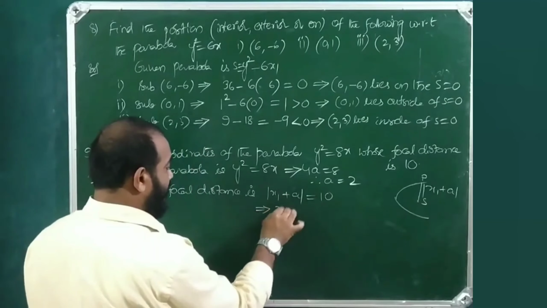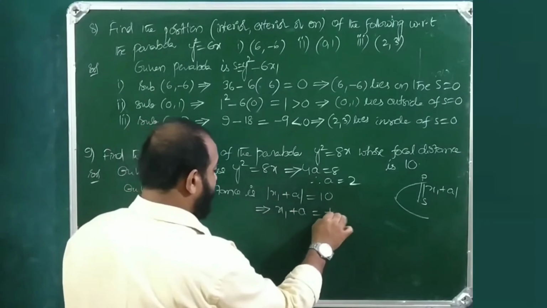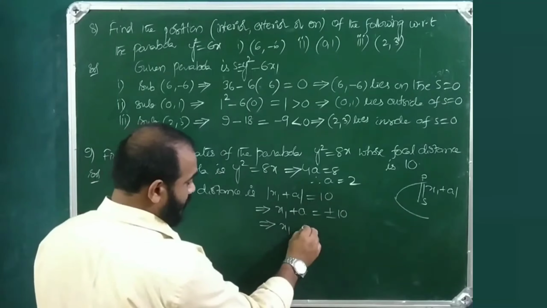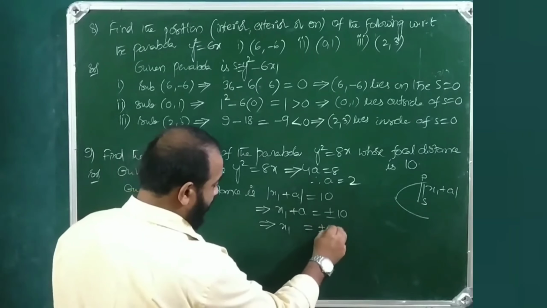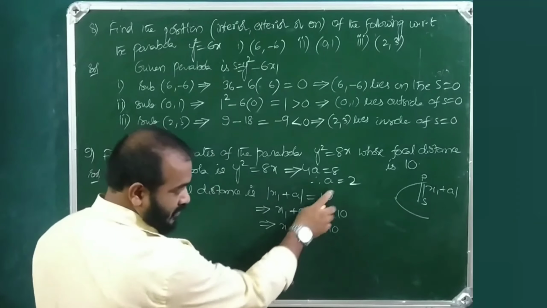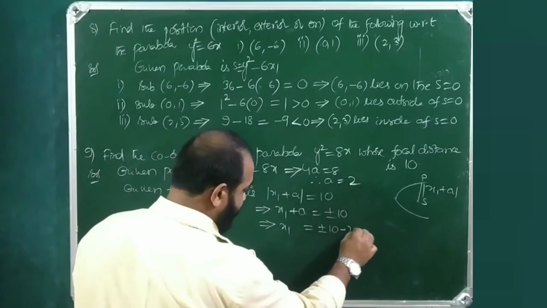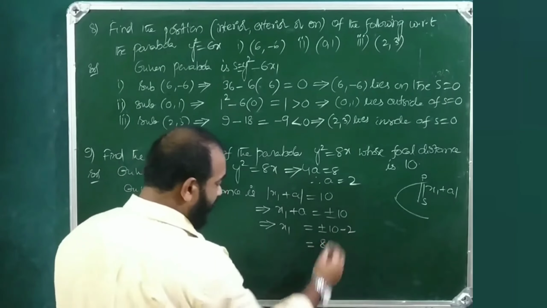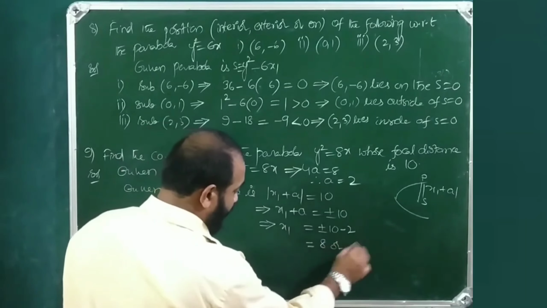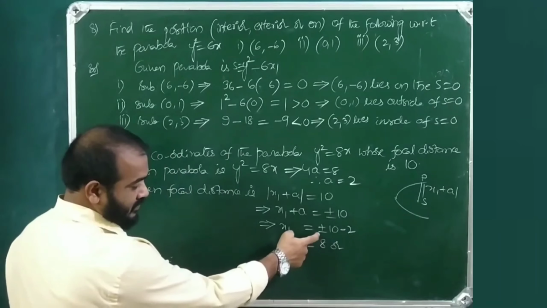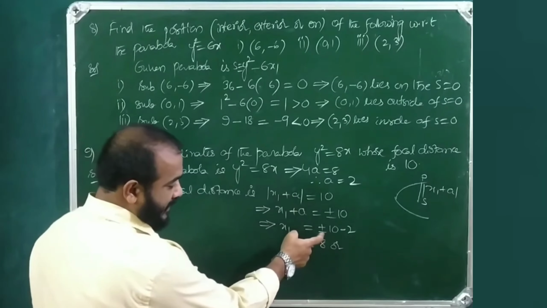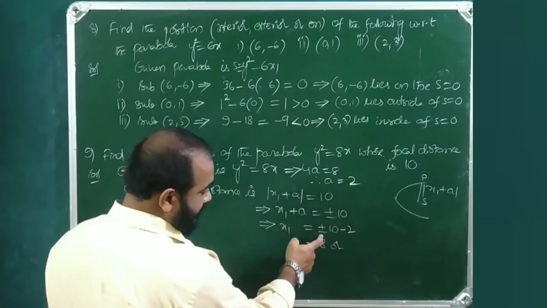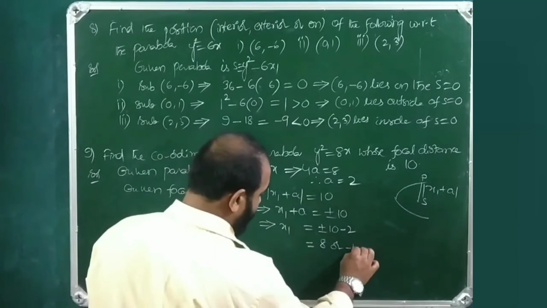That means x1 plus a is equals to plus or minus 10. x1 plus 2 is equals to plus or minus 10, as a is plus 2. If you take 2 to that side, it is 10 minus 2, which is 8, or if you take minus 10, minus 10 minus 2 is minus 12.